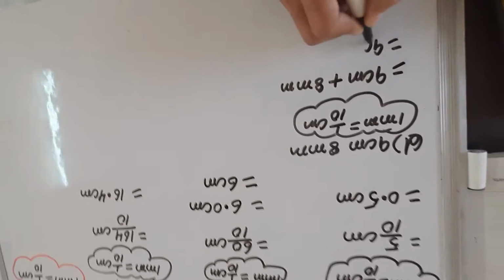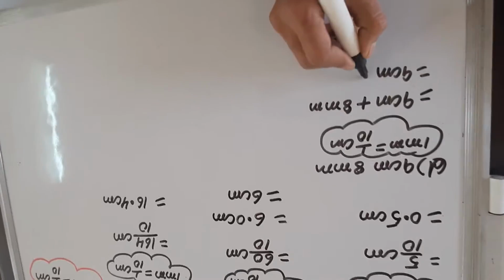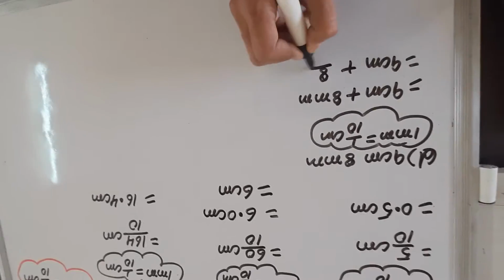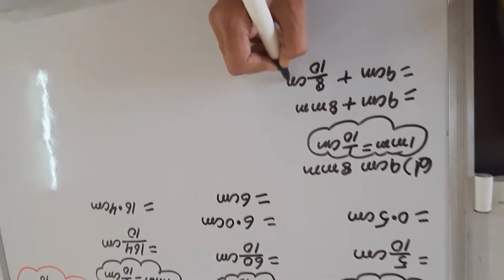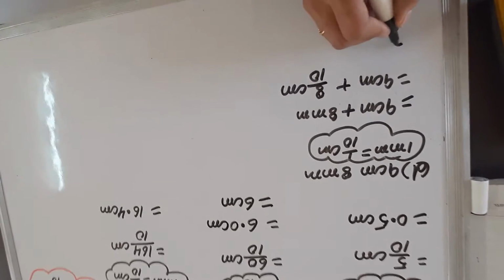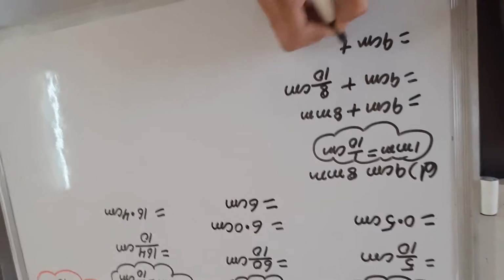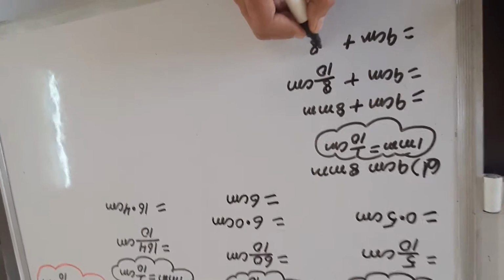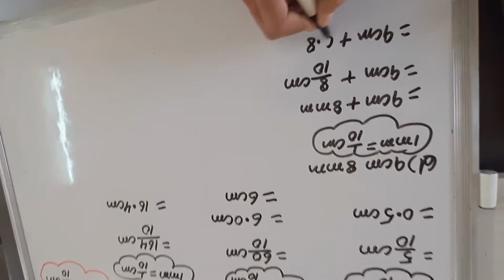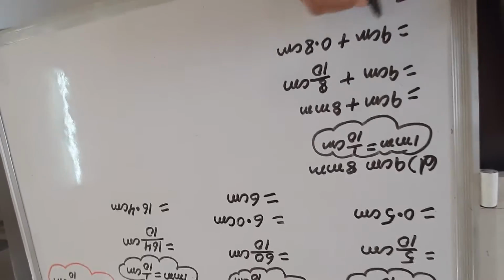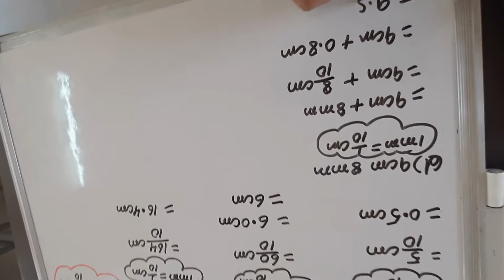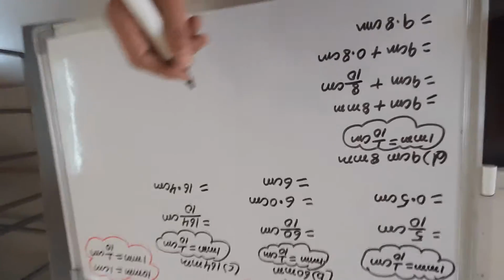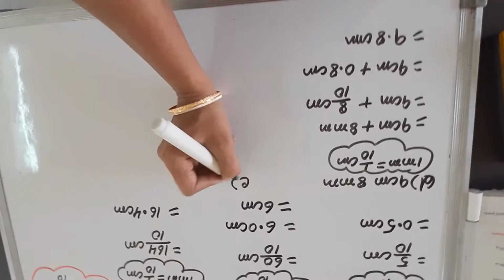So 9 centimeter, no need to convert. We will convert this by dividing 8 by 10 into centimeter. So for this 10, we will place a decimal leaving one digit, that is only 8. So answer will be 9.8 centimeter. So clear?